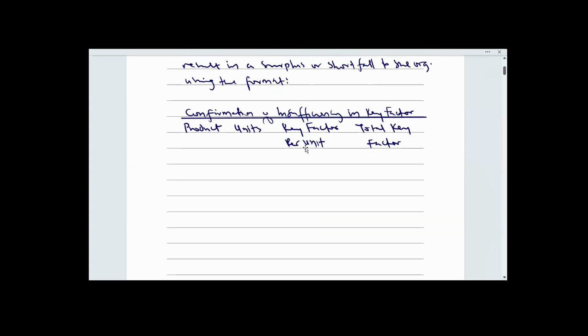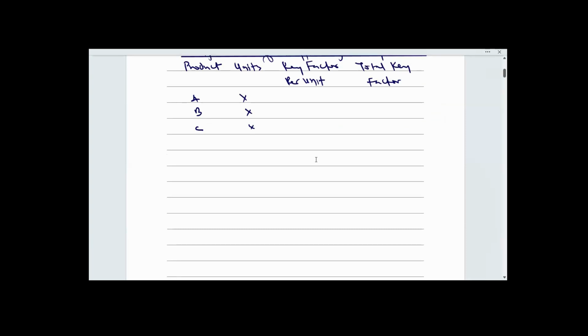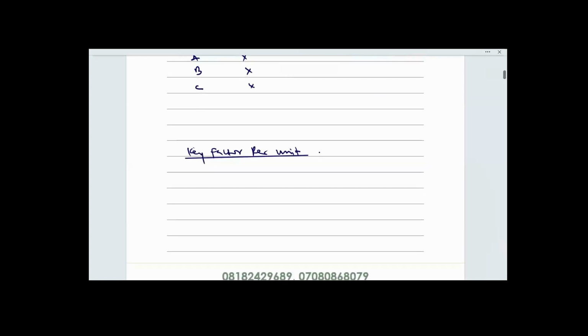Say, for example, we have products A, B, and C, and you are given these units. So you need to go and calculate the key factor per unit. How do you determine the key factor per unit? I will give you two different examples. Say the key factor is material kilogram.